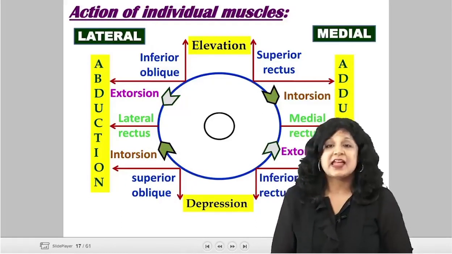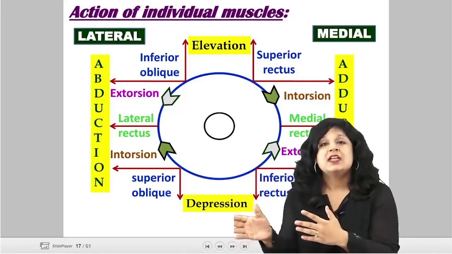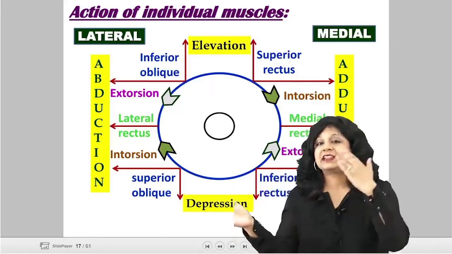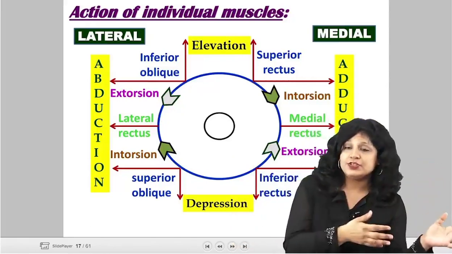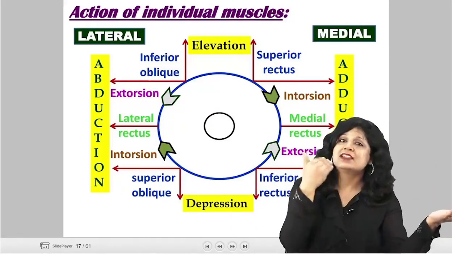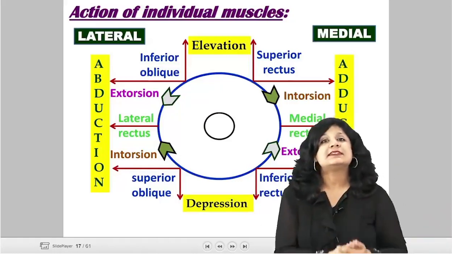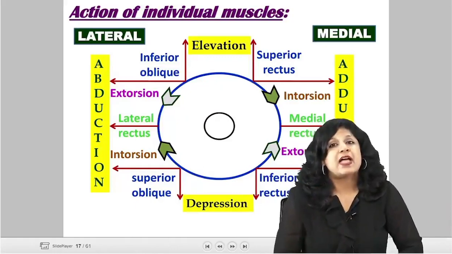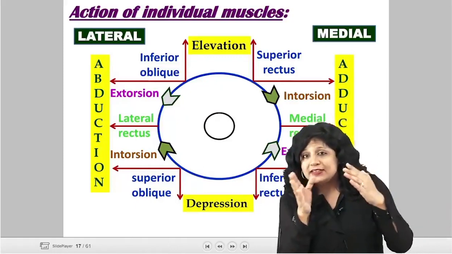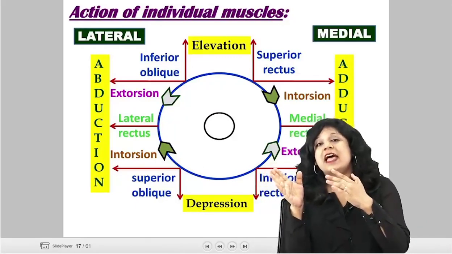yoke muscles. While I am doing the dextroversion, it is the right lateral rectus and the left medial rectus which are the yoke muscles. While I am doing the levoversion, it is the left lateral rectus and the right medial rectus which are the yoke muscles. Similarly, if I am doing the dextroelevation, what is happening?